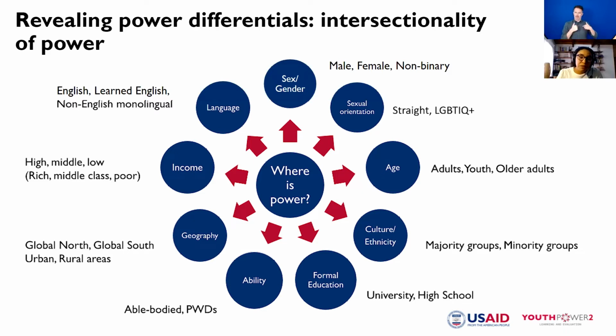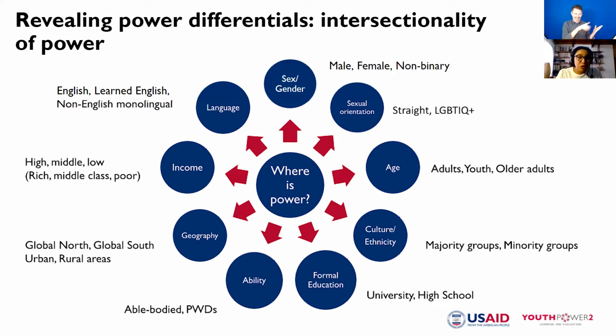After this brief reflection about intersectionality and power in our work, please take a look at the image that is represented in this slide. There are 9 circles that represent some of the different aspects that make up our identities.